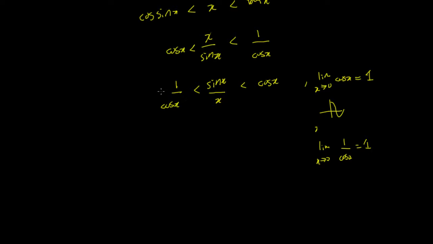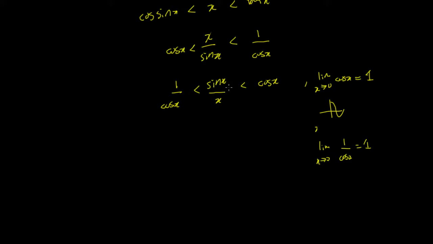So as the limit of each of these tends to 0 equals 1, this sits here in between them. By something actually called the squeeze theorem, but we don't need to get into that. Common sense can tell us that if this is less than that, and that tends to 1, and this is greater than that, and that also tends to 1, this must be squeezed in between them.